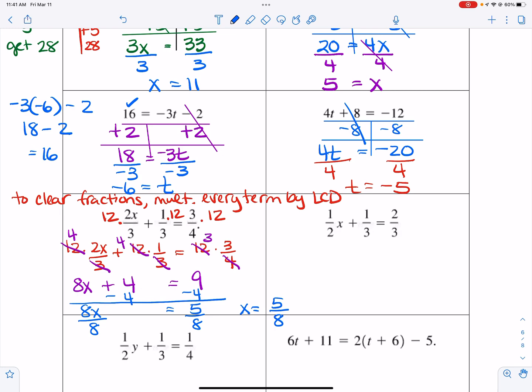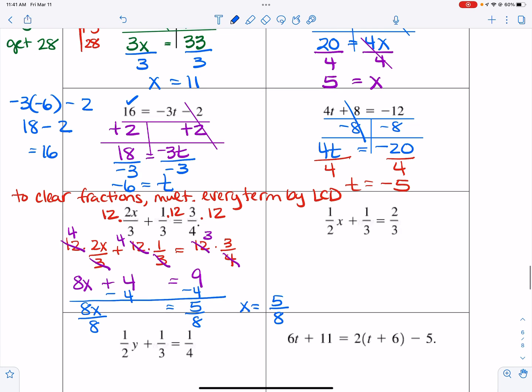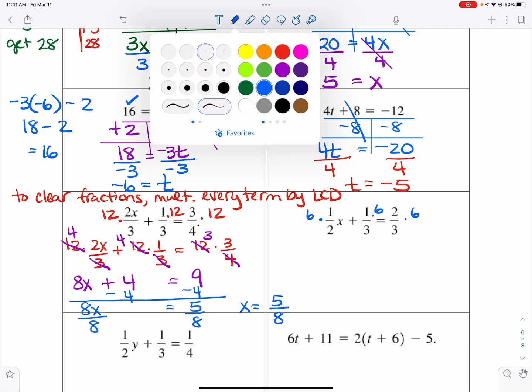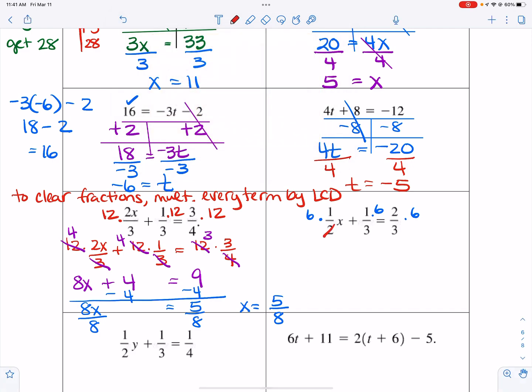We're going to go to the next problem, and we're going to multiply everything by 6. And then I'm going to do this. 2 goes into 6 and leaves 3. And 3 times 1 times x is 3x. 3 goes into 6 and leaves 2. And 1 times 2 is 2.